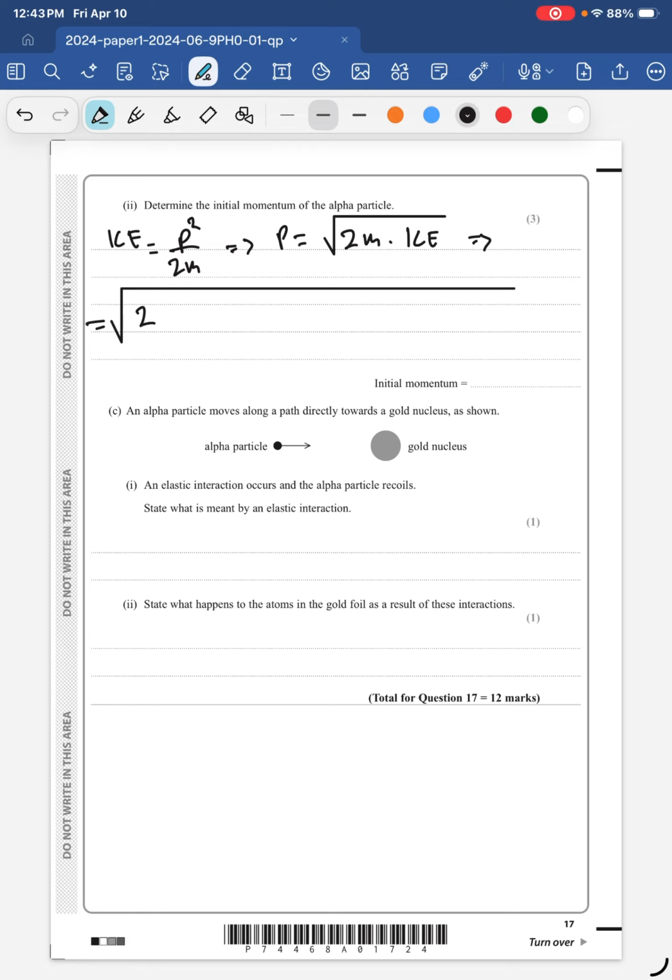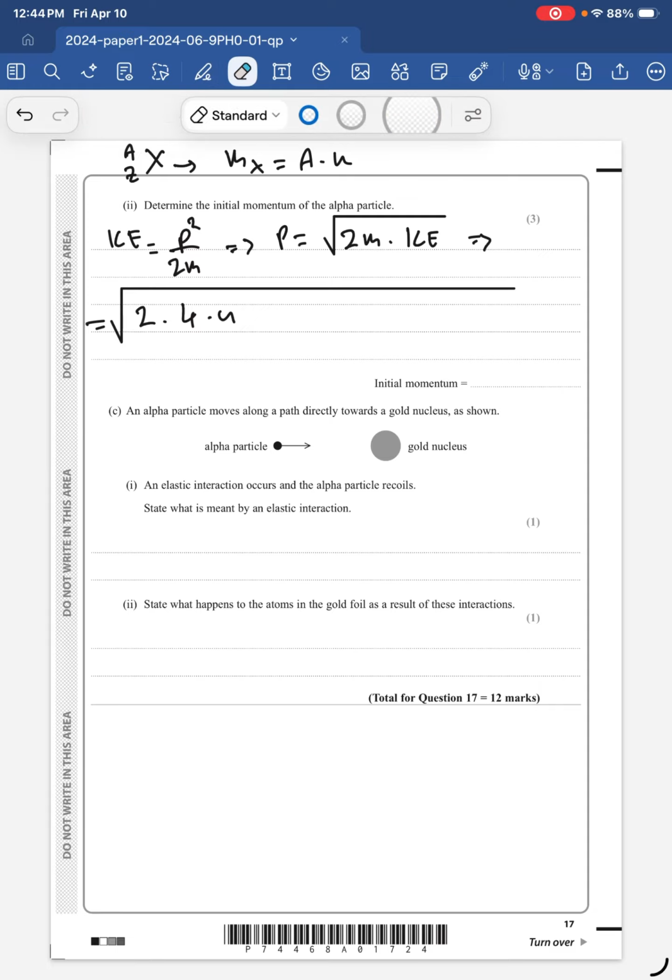Now, what is the mass of the alpha particle? It is not given to us. Whenever they don't give you the mass of an element, say you have the element X with mass number A and proton number Z, you can use A, the mass number, times U, atomic mass units. The mass number is 4, so 4U.